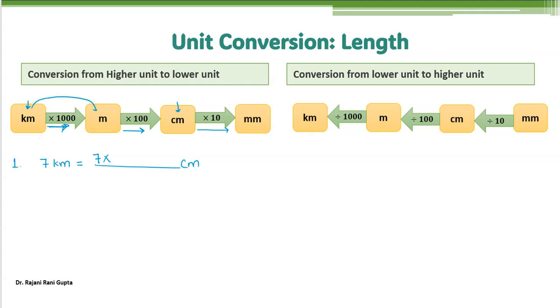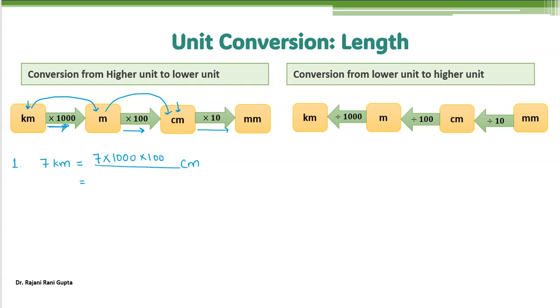First you have to reach from kilometer to meter, by multiplying by 1000. Now from meter to centimeter, you reach by multiplying by 100.